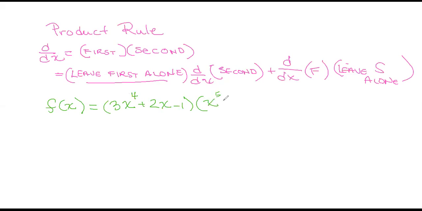Here's my second factor, minus 2x squared, and that's going to give me, now how you're going to do this is you're going to take the derivative of it by, let's move this over, I want to have room.